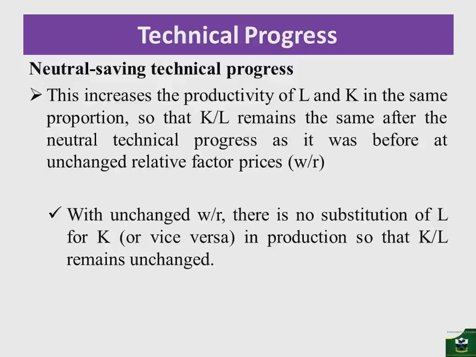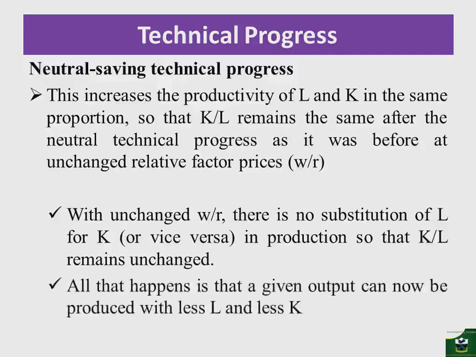So what we will note then is that the given level of output will now be produced with fewer units of labor and fewer units of capital. So take note, with neutral technical progress, no substitution of labor for capital or capital for labor will take place, but we will have fewer units used in the production of a given output.